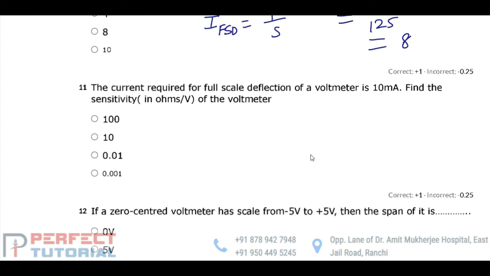Next, the current required for the full scale deflection of voltmeter is 10 milliampere. Find the sensitivity in ohm per volt of the voltmeter. Just you have to take the inverse of the full scale value of the current. So S is equal to 1 by 10 milliampere. So you convert it in terms of ohm per volt, you have to convert milliampere into ampere, means multiply 1000 here. So you'll get answer is 100.